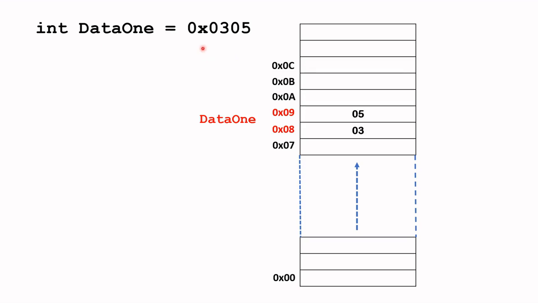And this instruction itself would assign 0305 to data 1. So 03, the upper byte, goes to 08, and then 05 goes to location 09.